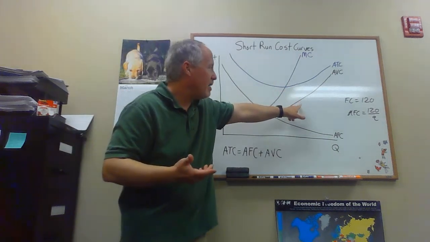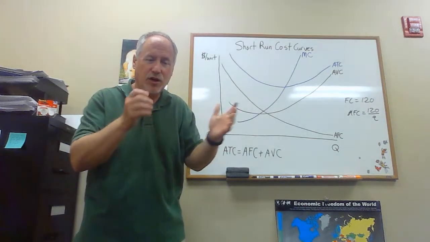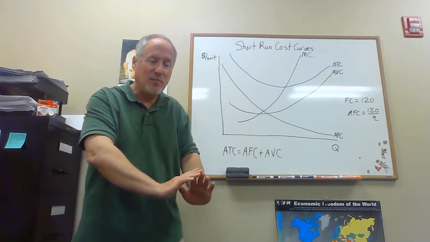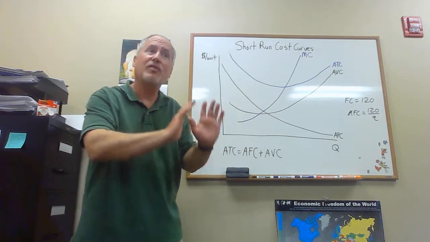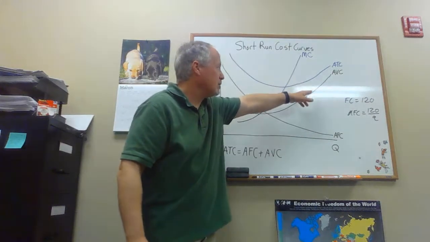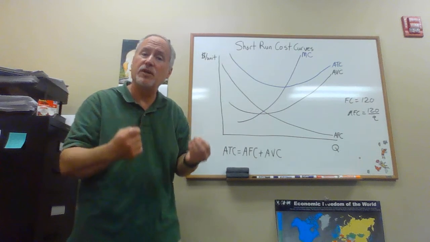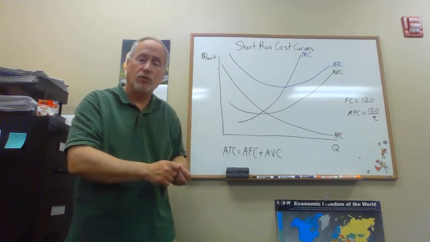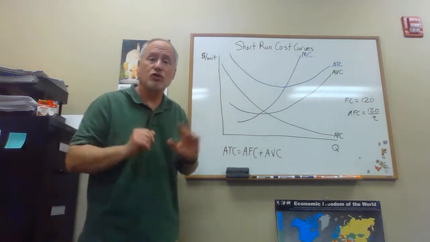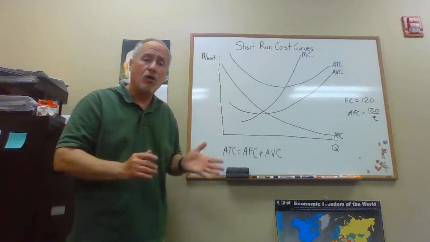So if you see an average variable cost curve on a cost curve diagram, whether the label for that diagram says it or not, that's got to be the short run, because the average variable cost can only differ from the average total cost because there's some fixed costs, and there can only be fixed costs in the short run. So if you see AVC and AFC, whether it's labeled or not, that's the short run. Those are short run cost curves for the firm, because in the long run, all costs are variable.